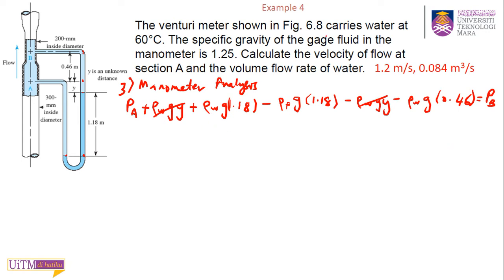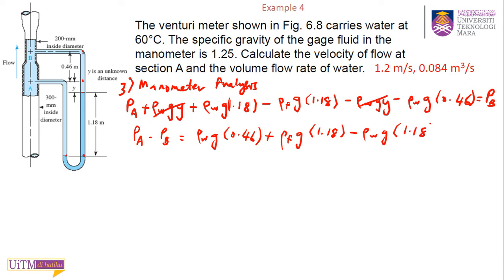So bring back your pressure difference to one side, so PA minus PB equal to, and then bring all of this rho g h term to the right hand side, and you have rho water g times 0.46, and then plus rho of the gauge fluid times g times 1.18 minus rho water g times 1.18.